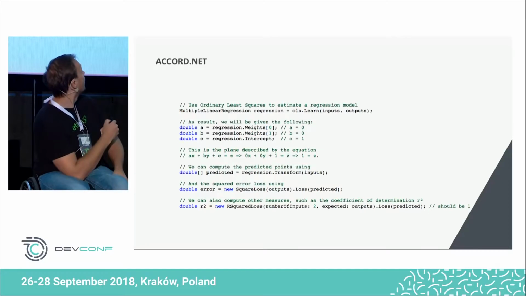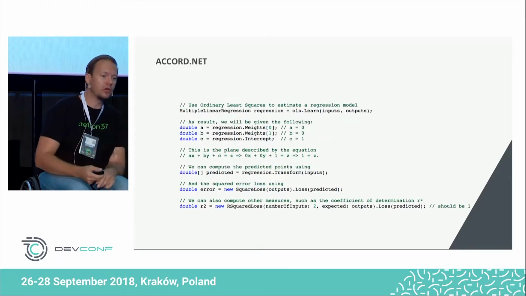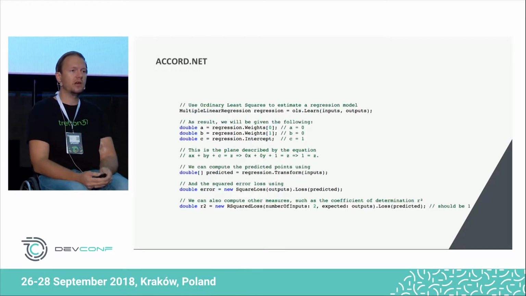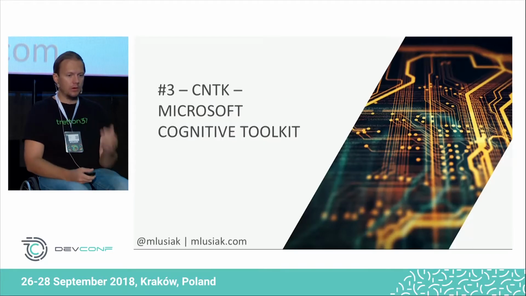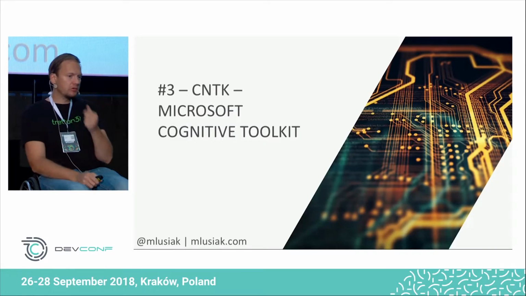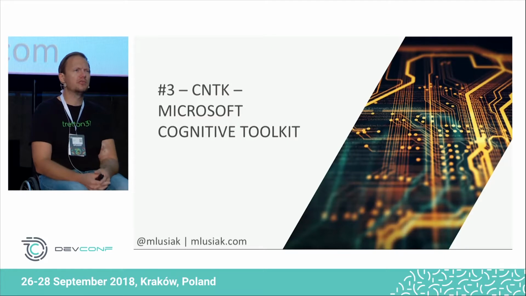We basically run prediction and then just compare the loss, so basically checking how close we are to the perfect solution, and it's basically one line for the actual learning here. So it's quite nice.